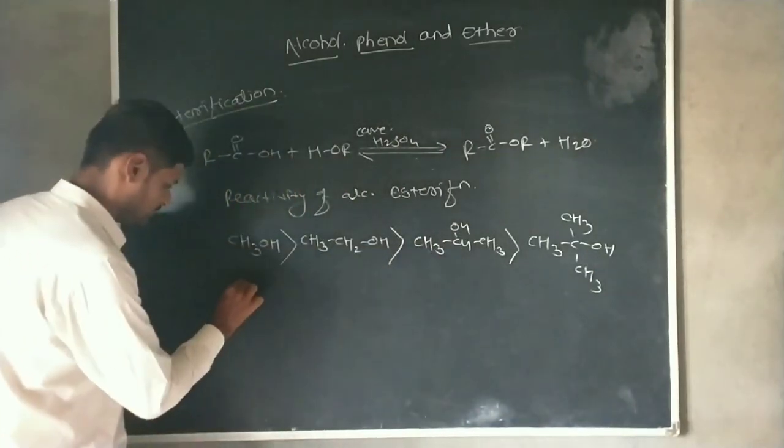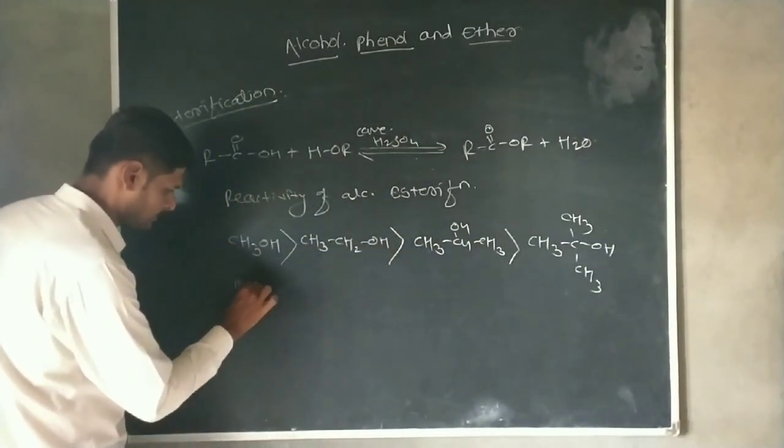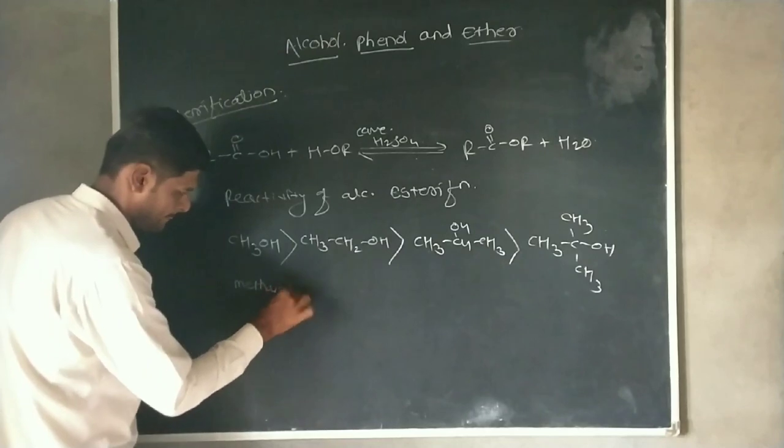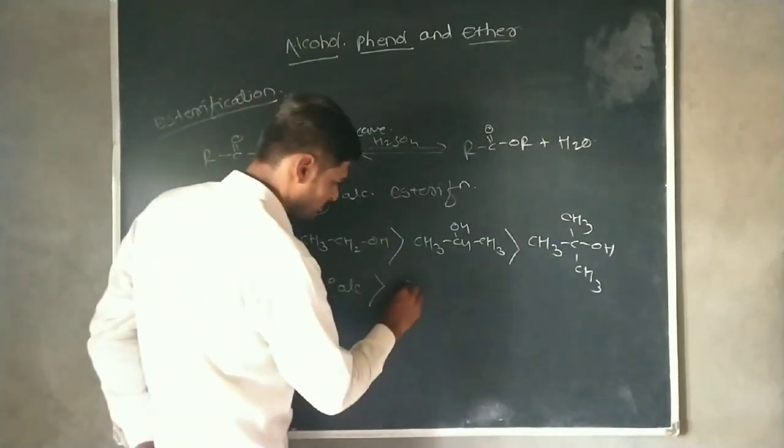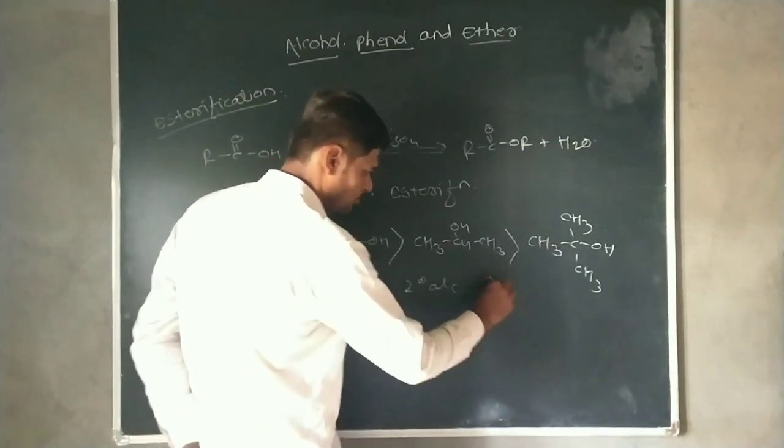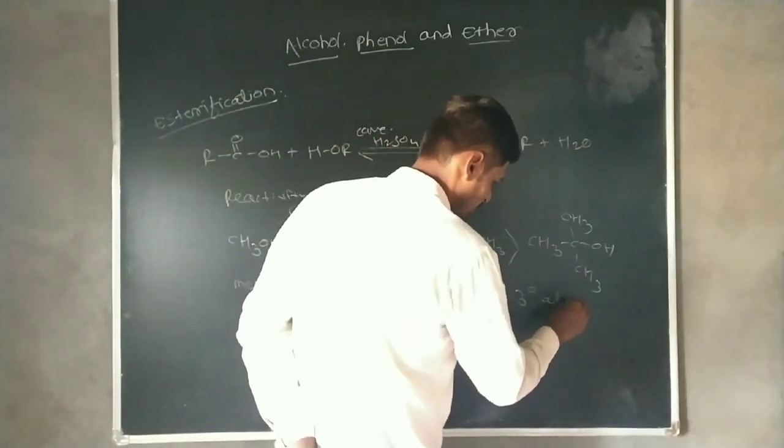Methanol is more reactive than primary alcohol, which is more reactive than secondary alcohol, which is more reactive than tertiary alcohol.